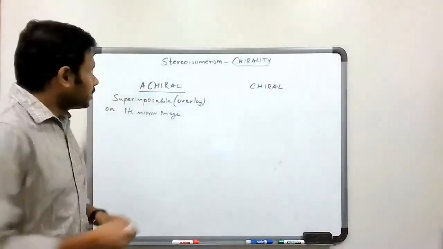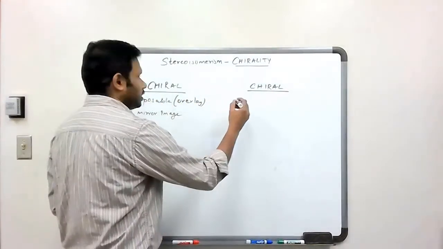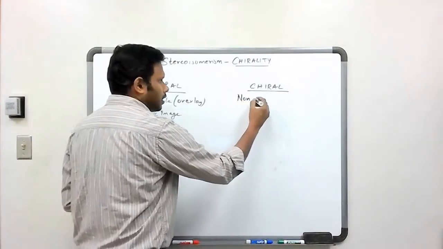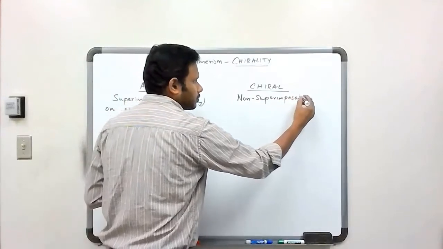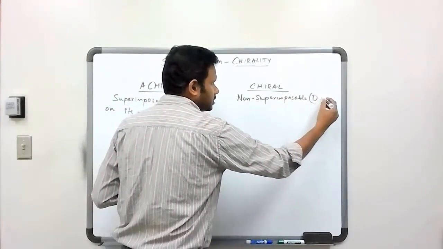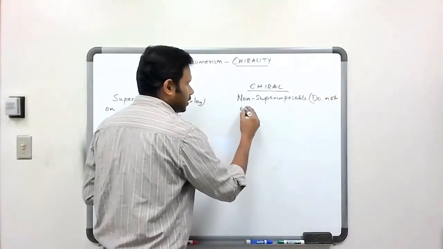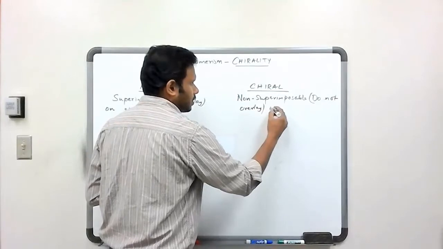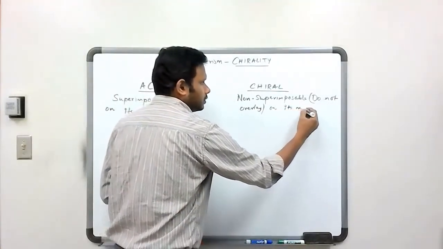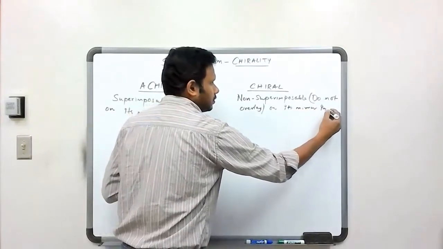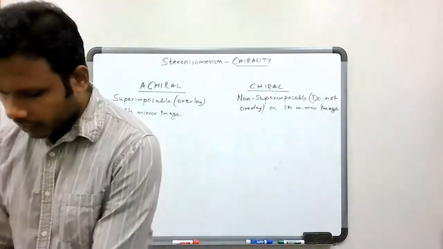Chiral objects, on the other hand, are non-superimposable, which means they do not overlay on their mirror image. These do not overlay on their mirror images.